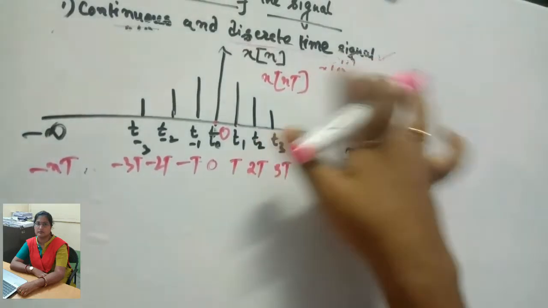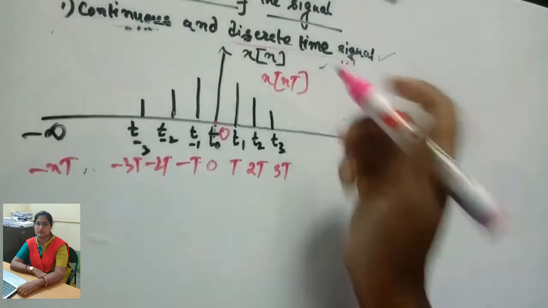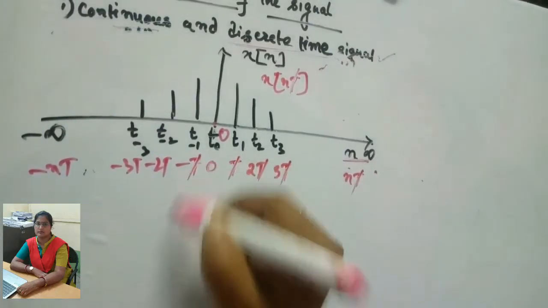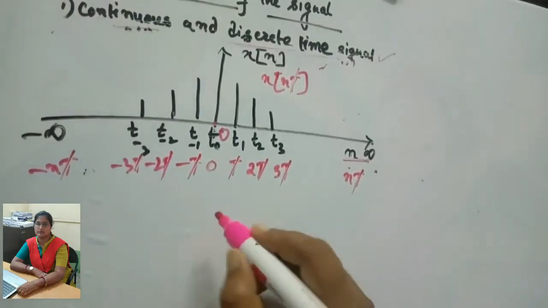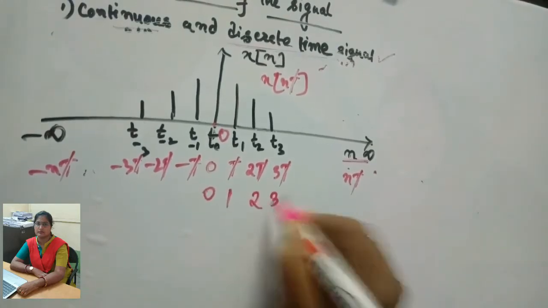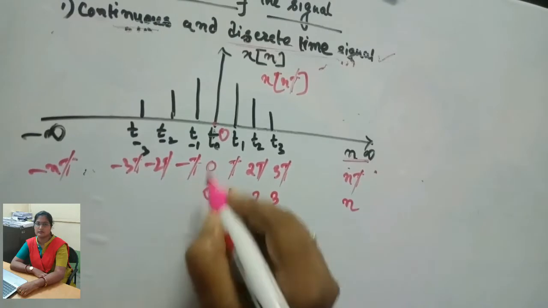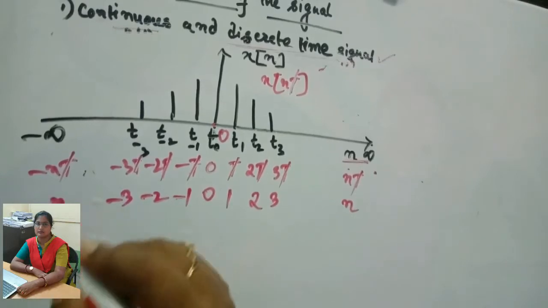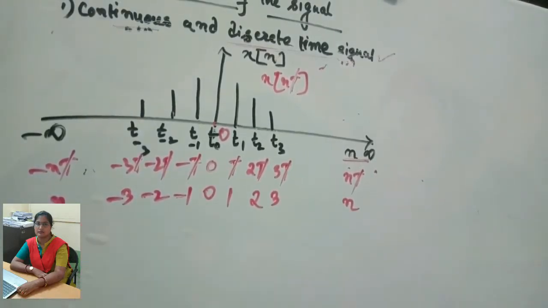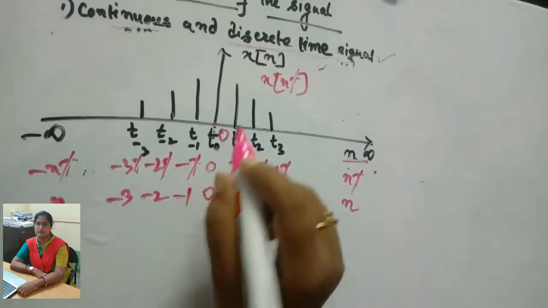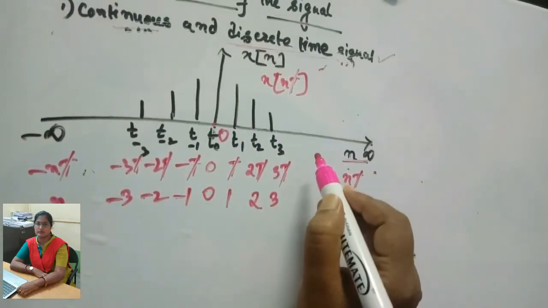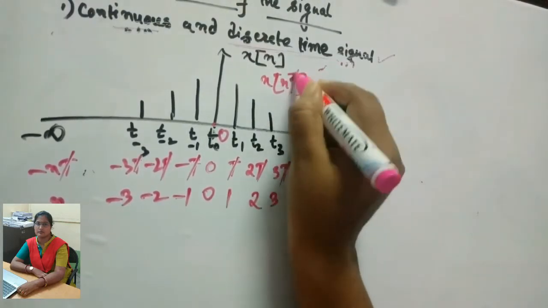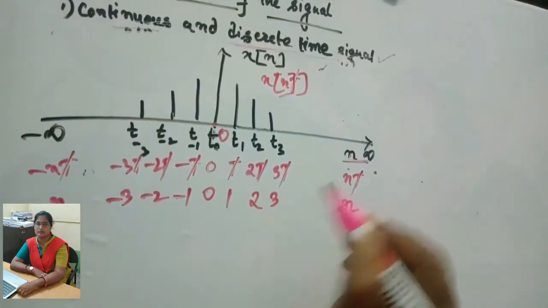Now, by cancelling all the T values here, we get the values 0, 1, 2, 3, and up to n. Here also minus 1, minus 2, minus 3, up to minus n. So, this is the axis now for integer n, and the y-axis also becomes x of n only.